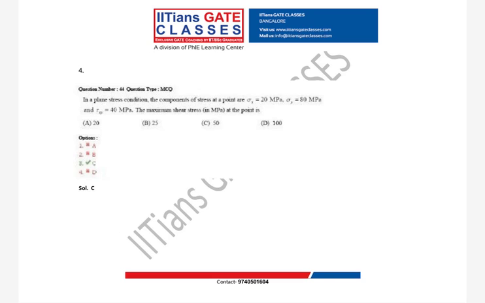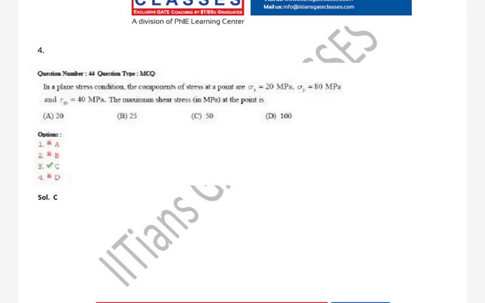Guys, this is a very simple problem. So what they asked: in a plane stress condition, the components of stress at a point are sigma x 20 megapascal, sigma y 80 megapascal, and tau xy 40 megapascal.